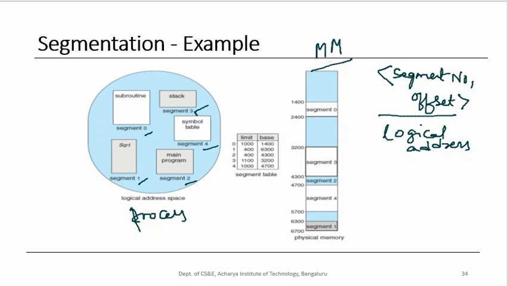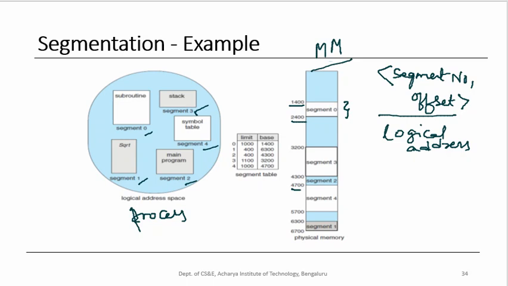Segment 0 is loaded from 1400 to 2400. What you are seeing here is that the segments are stored in an out of order fashion. Therefore, this kind of memory allocation is also called non-contiguous memory allocation. Where is segment 2 stored? It is stored from 4300 to 4700.